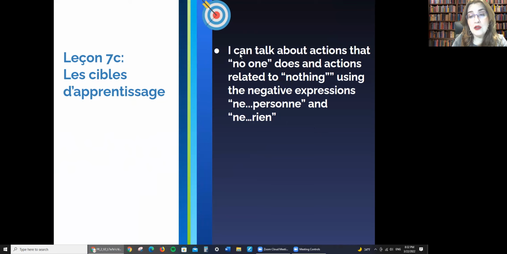But here, the new learning target is: I can talk about actions that no one does and actions related to nothing using the negative expressions ne personne and ne rien.